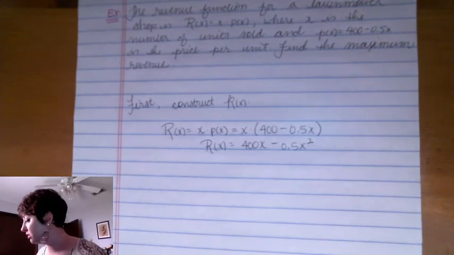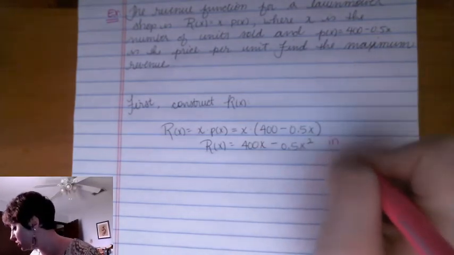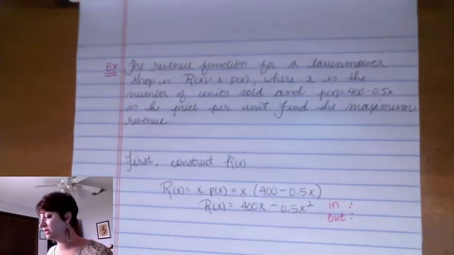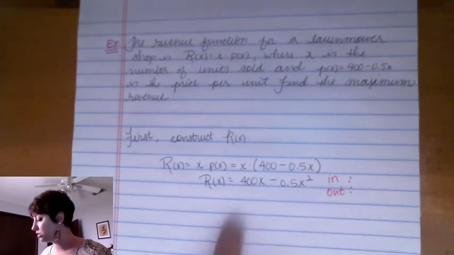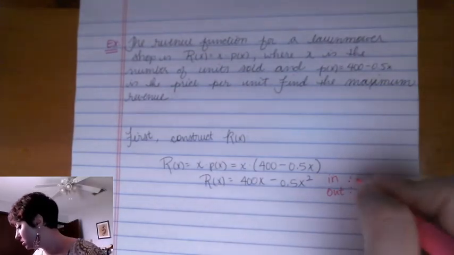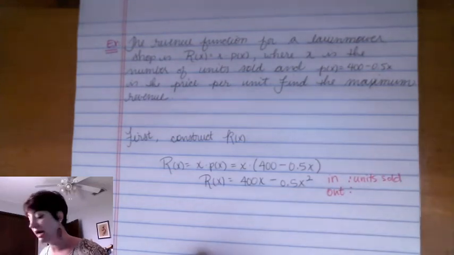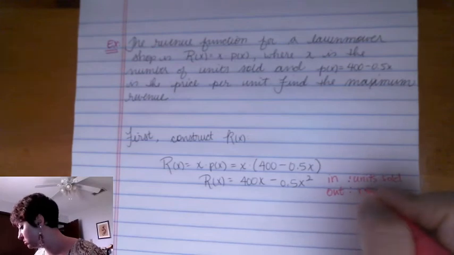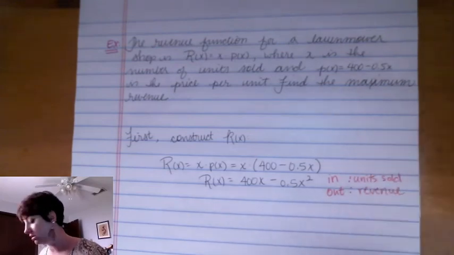So for this function, what is in and what is out? So you're told x is the number of units sold. So in my function goes units sold, out comes revenue. All right.